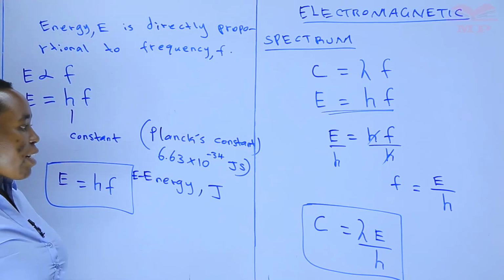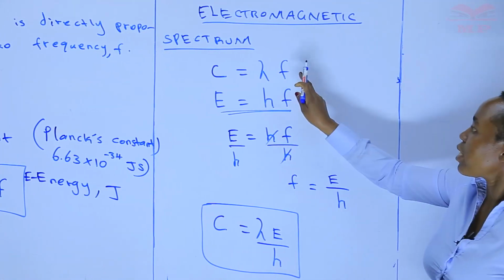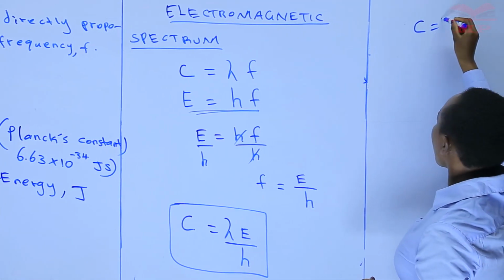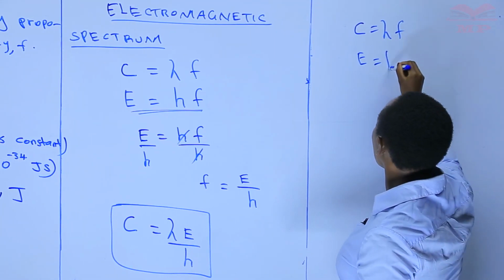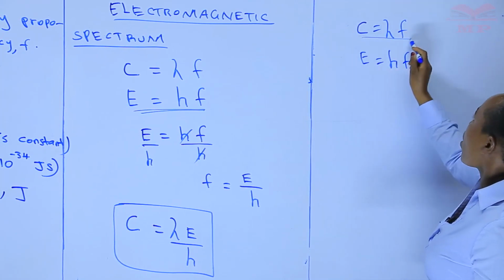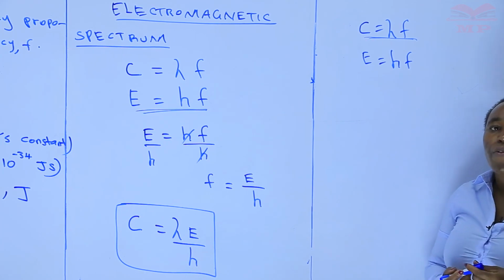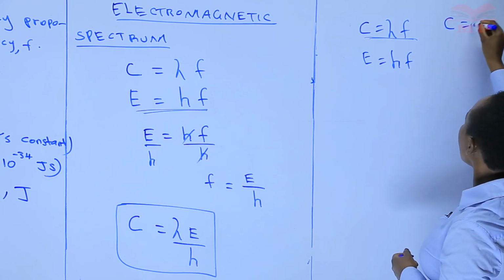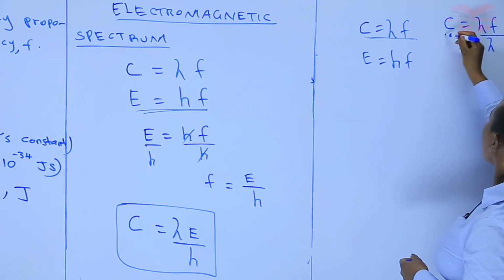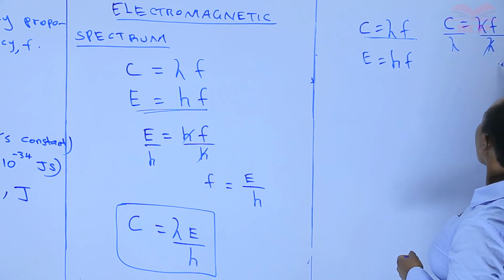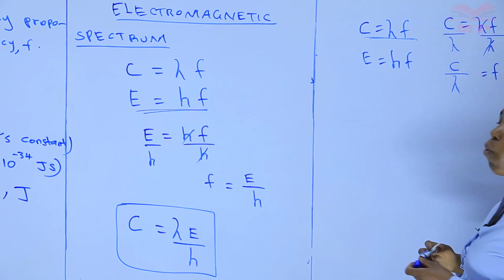Finally, we can derive another one, whereby speed is equal to wavelength multiplied by frequency, and energy is Planck's constant times frequency. Using the first equation, we can make frequency the subject again, whereby c is equal to lambda f. When we want to make f the subject, we divide both sides by lambda. We end up getting that frequency is the speed of light divided by the wavelength.